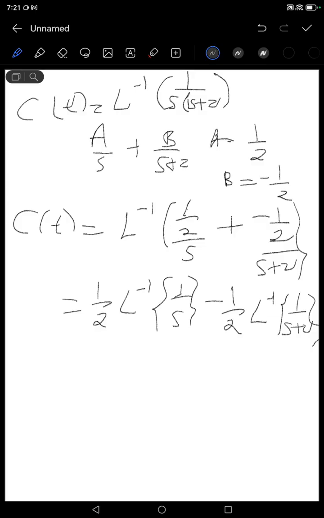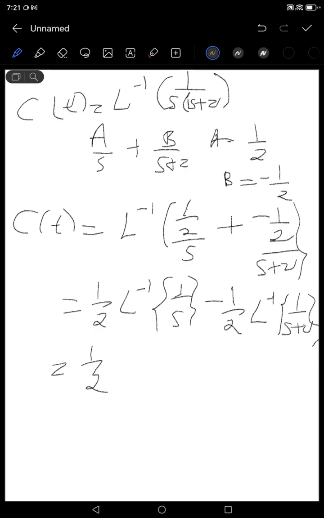Let me go find the table. The inverse Laplace of 1 over s is 1. So we have 1 times 1 over 2, which is 1 over 2.